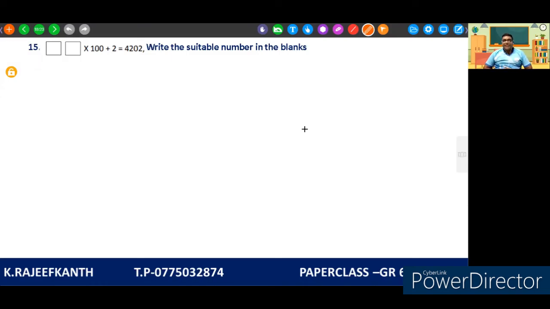Here, blank into 100 plus 2 is 4,202. Now write the suitable number in the blanks. Here, after adding 2, we got the answer as 4,202, right? So before adding, what was the answer? That is 4,200.